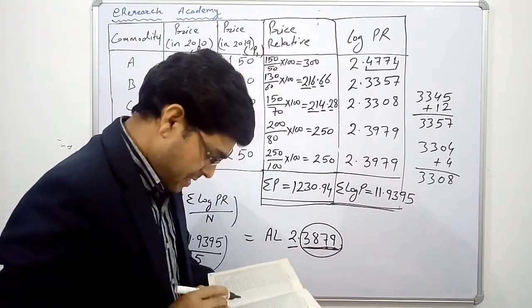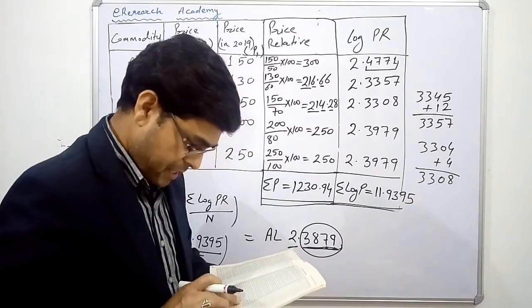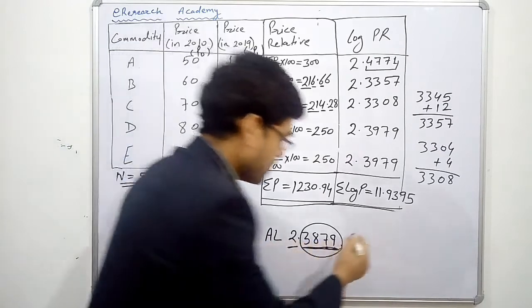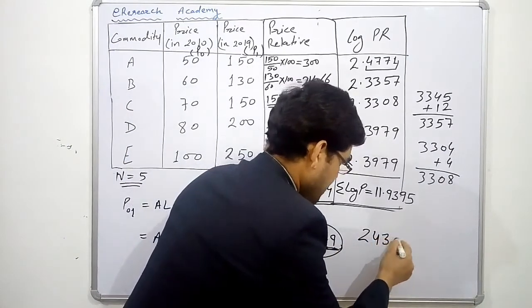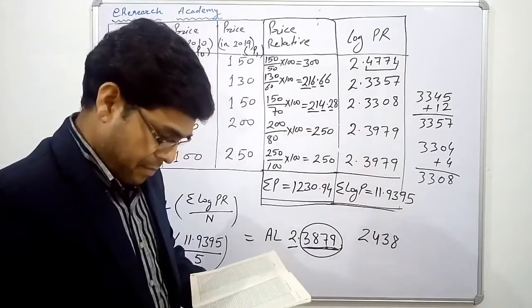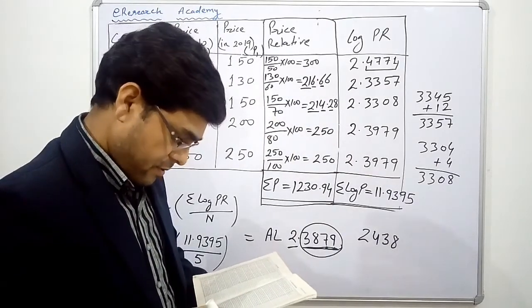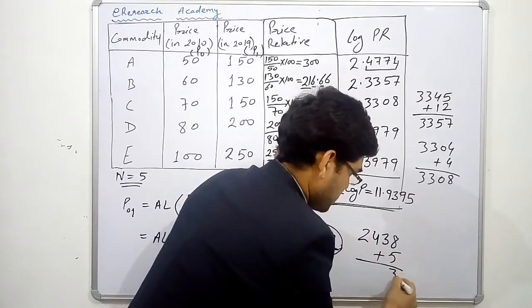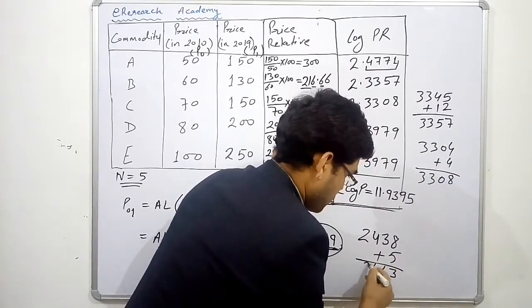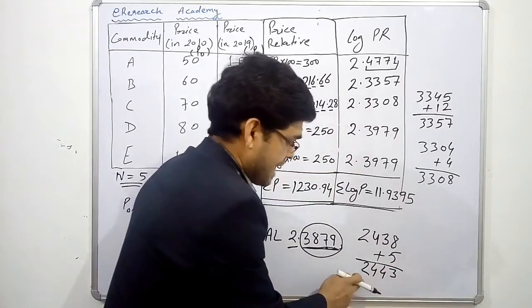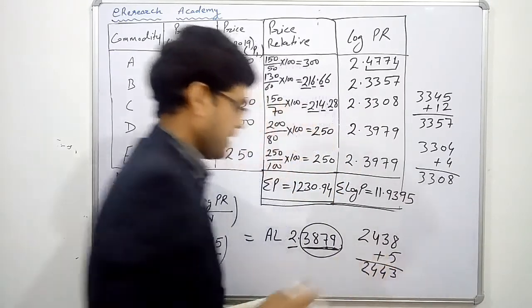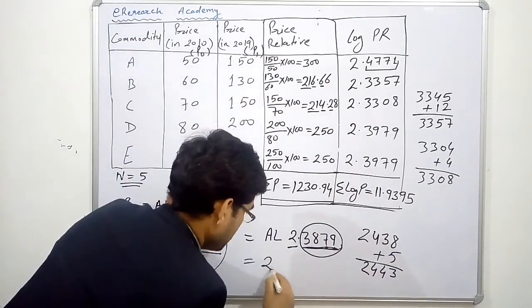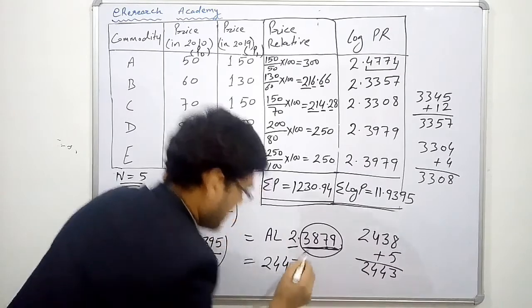The value at 38, column 7 is 2438, and for mean difference 9 we have 5, so this becomes 2443.